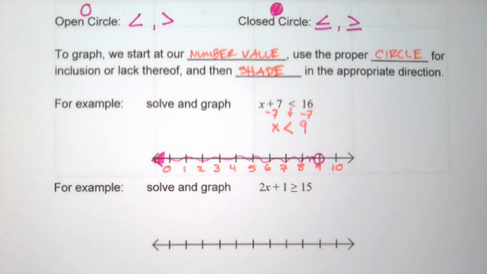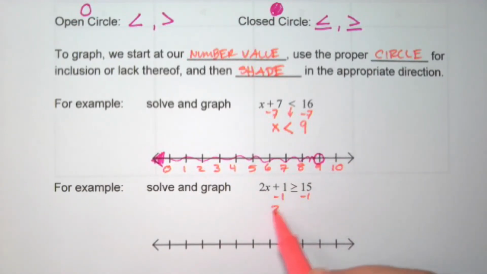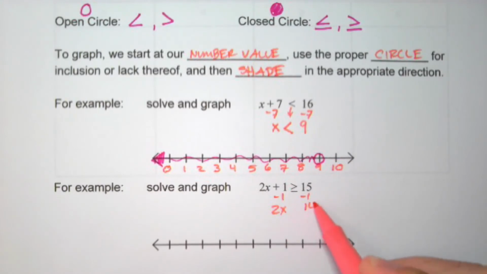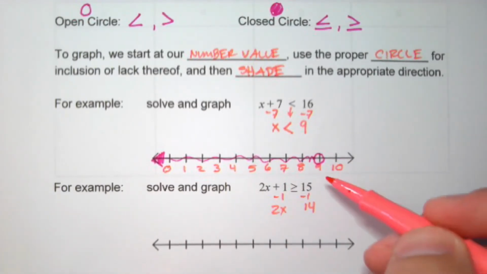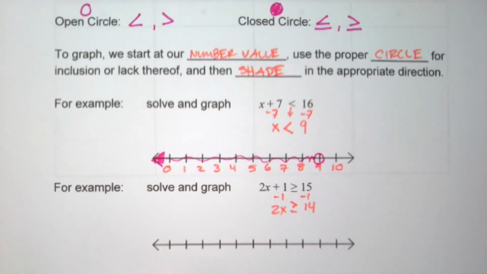Now we got one more example. We got a 2-step inequality here, so we need to subtract the 1 first. We keep the 2x, that's going to be a 14. Again, no multiplication or division yet, so we can just keep the direction of that symbol. And then for that last step, we need to do some division.